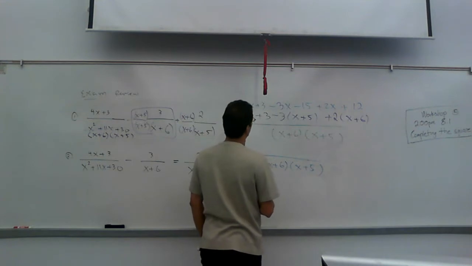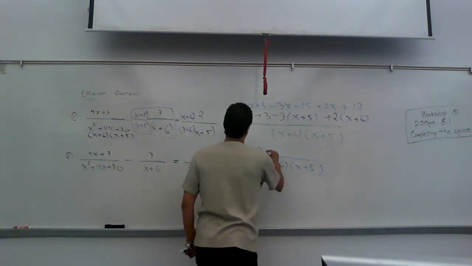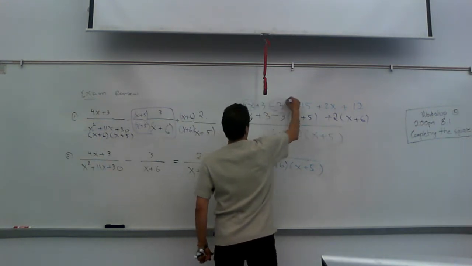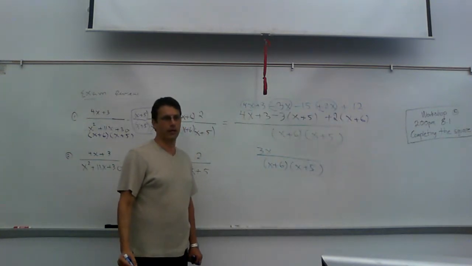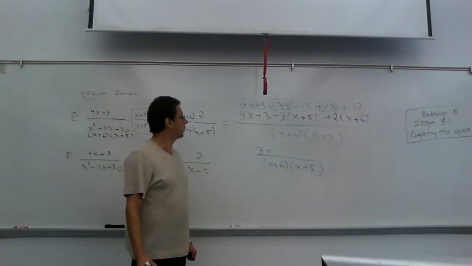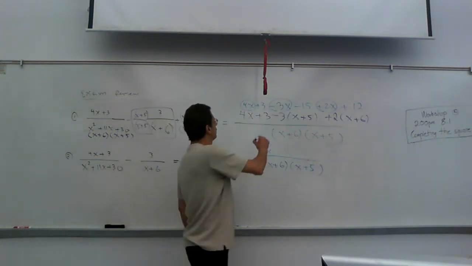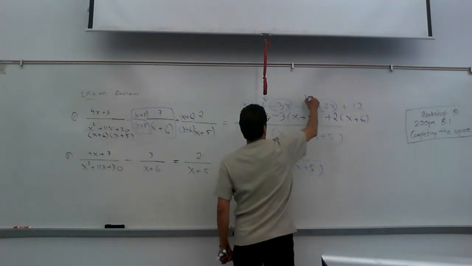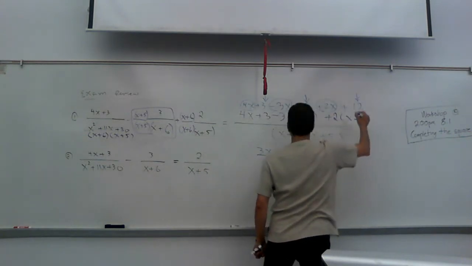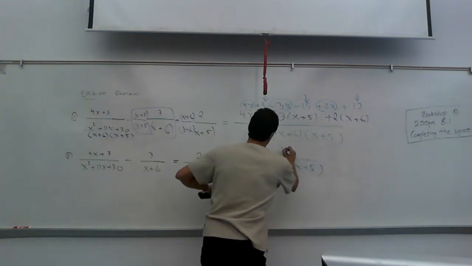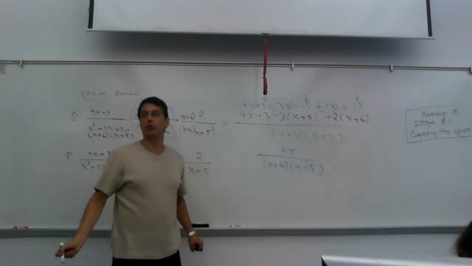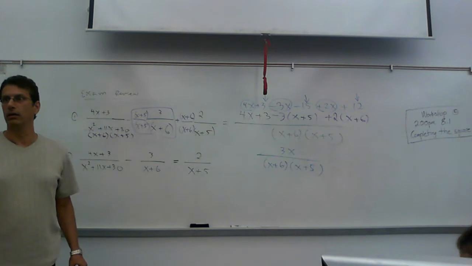So we have what? 4x minus 3x is x, plus 2x is 3x. Does that work? Continue. Positive 3, negative 15, positive 12, it just goes away. So let me put it in the middle. Plus 0. They cancel each other, right?